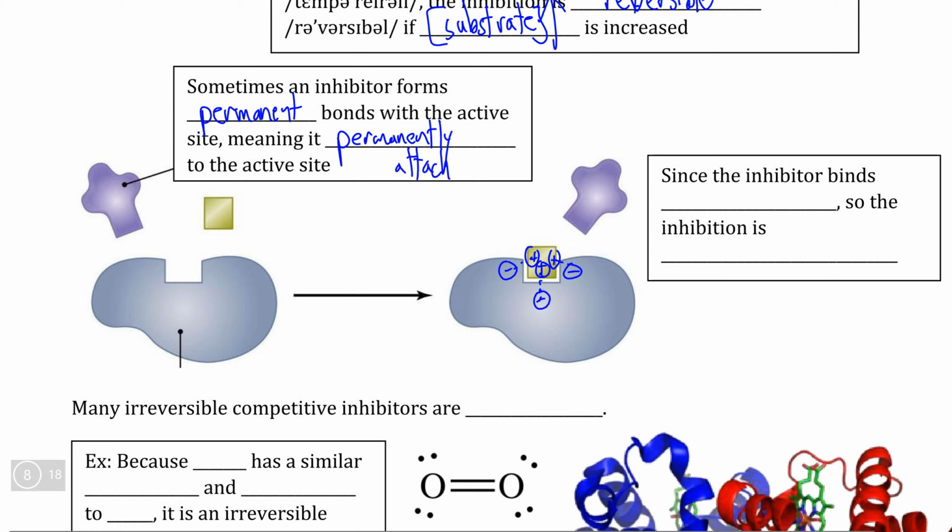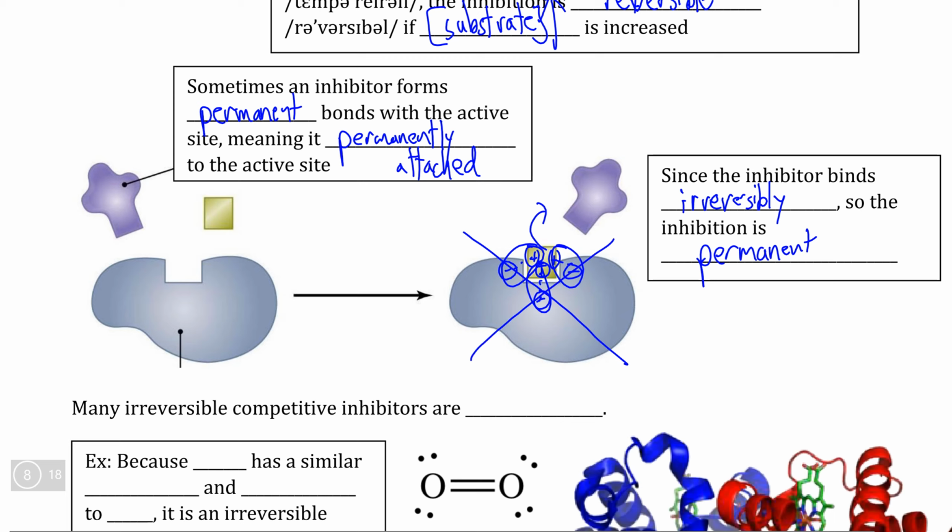Now, this is a very big problem, because this means that if the inhibitor binds irreversibly, meaning that we can't get it out, this inhibition is actually permanent. And if we don't have any way to actually break these bonds and get the inhibitor out, this enzyme has just been rendered useless. Now, technically, there are ways to break ionic and covalent bonds.